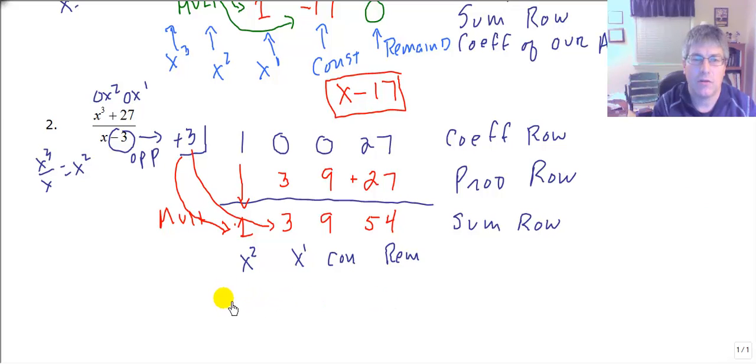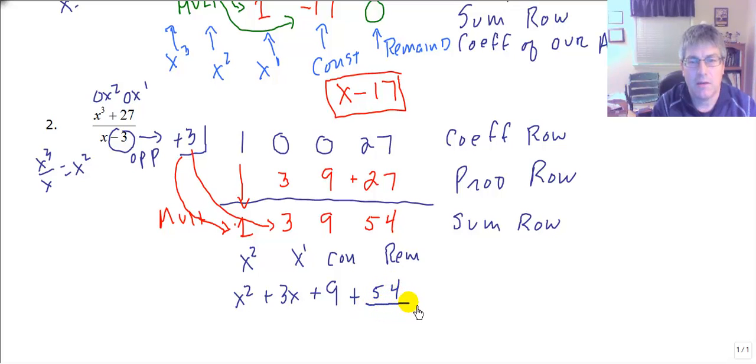So our answer is 1x squared, or just x squared, plus 3x plus 9, and then our remainder is a positive 54.